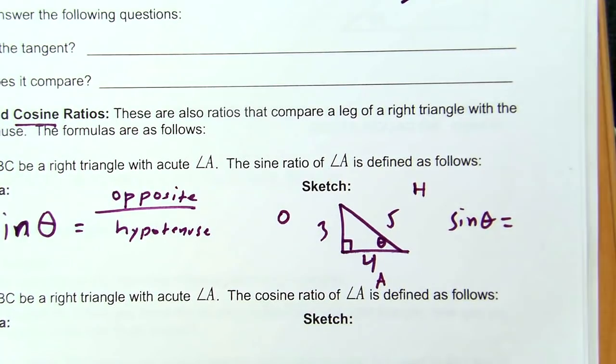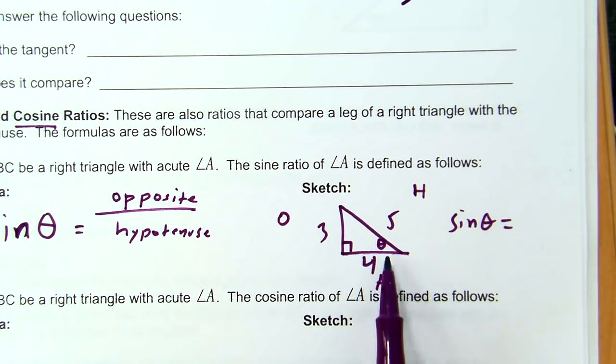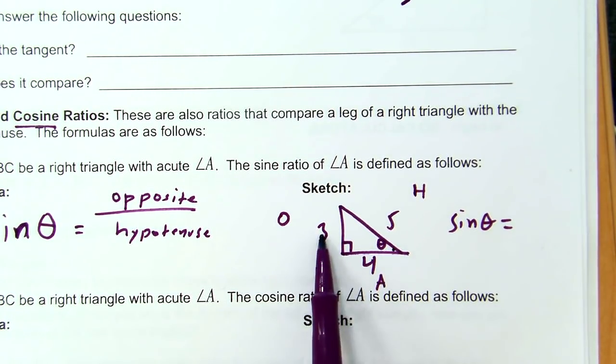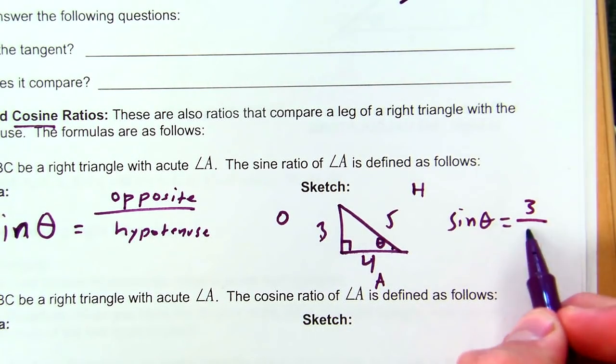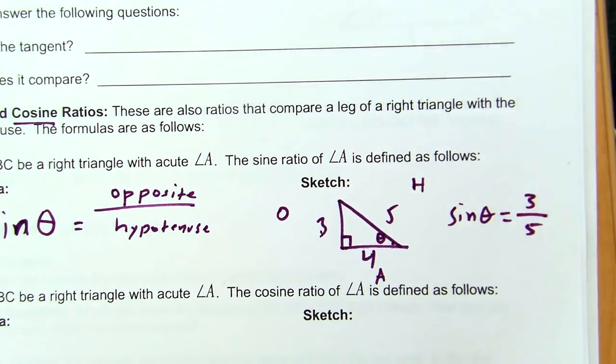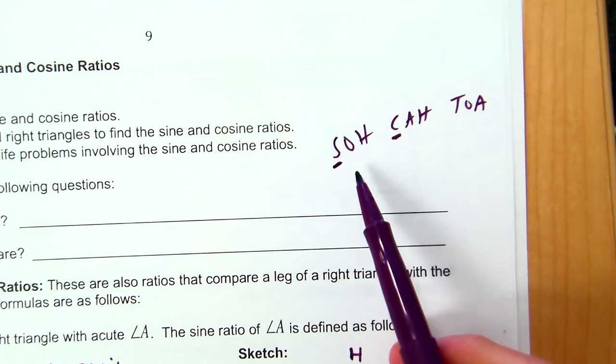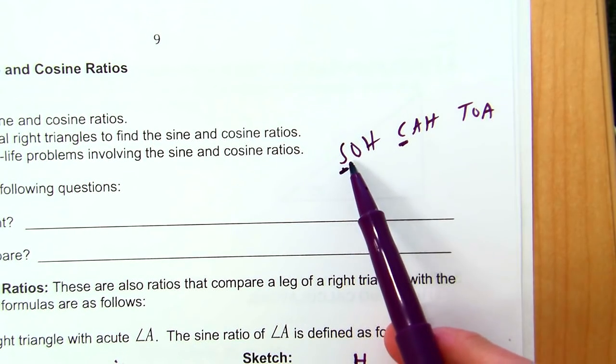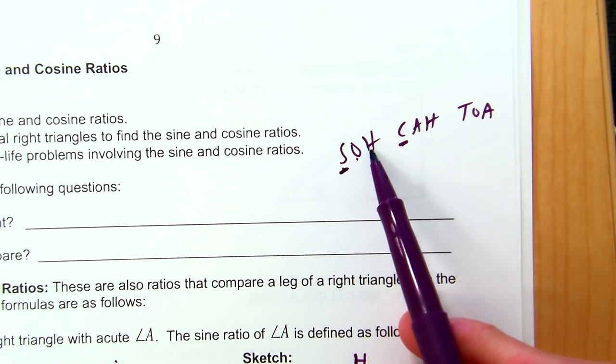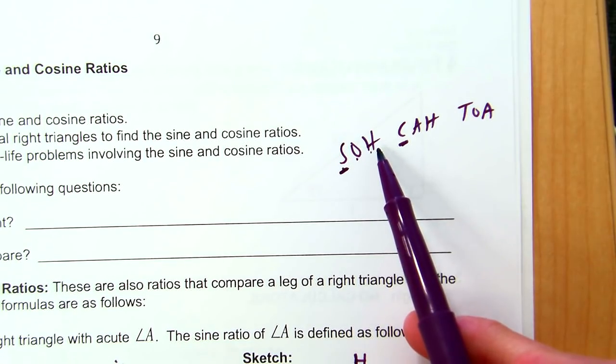Label your O, your A, and your H. The sine of theta is the opposite side, which is 3, over the hypotenuse, which is 5. 3 over 5 is the sine of theta. Okay? And when we refer to this acronym, sine is always opposite over hypotenuse, O over H.